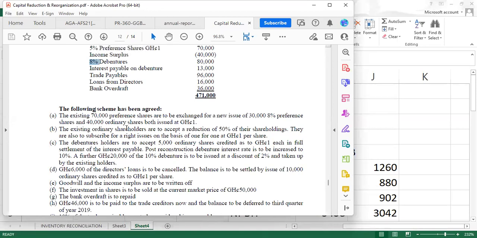A further 20,000 of the 10% debenture is to be issued at a discount of 2% and taken up by the existing holders. What is the meaning of this?